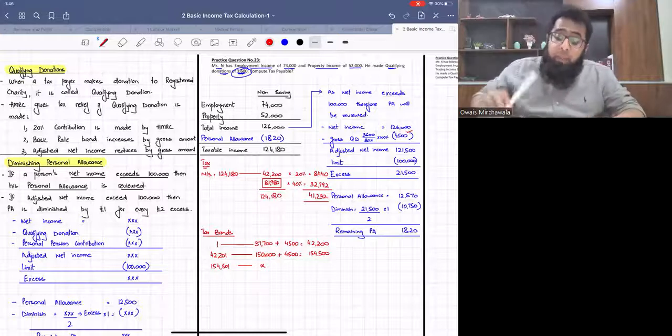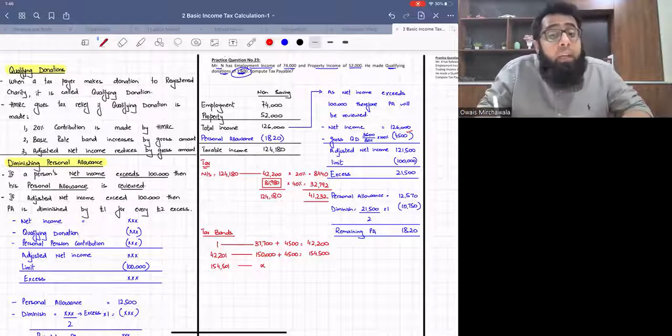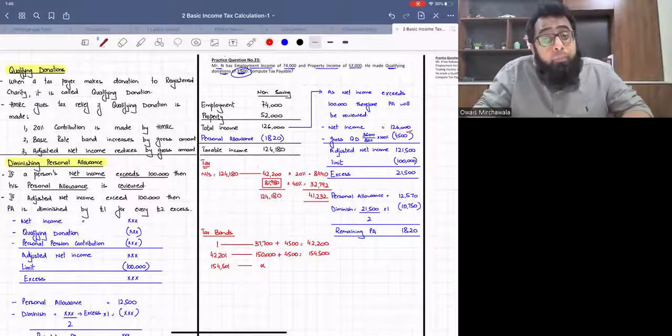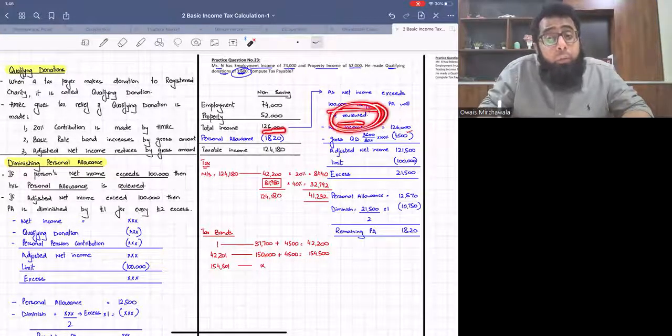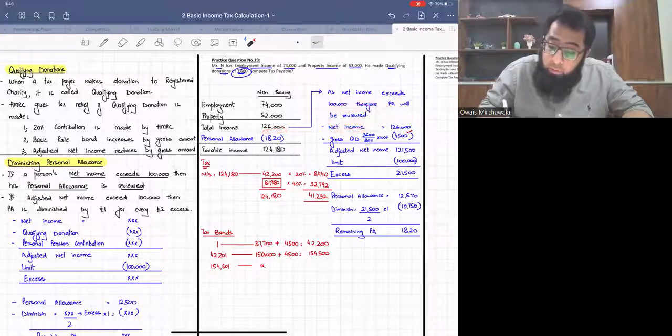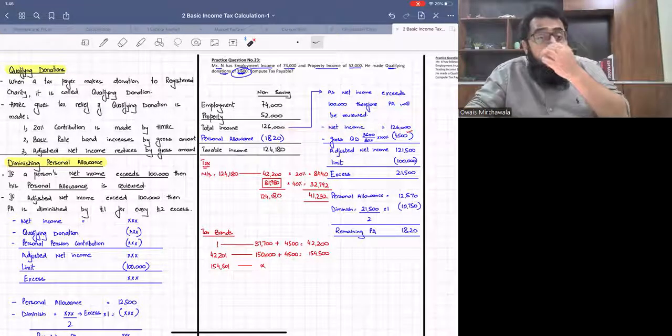Because if your income exceeds 100,000, your personal allowance goes under review. Now, your income 126,000 minus the gross qualifying donation.